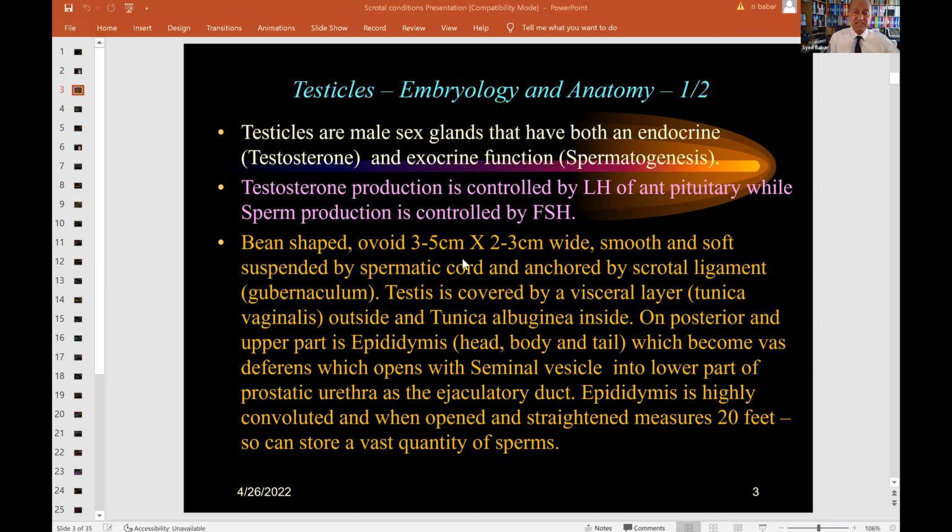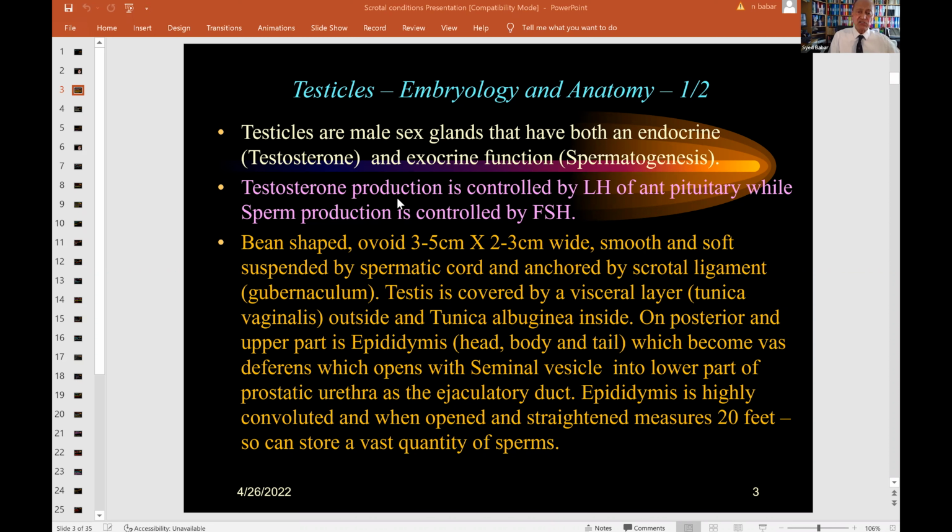The testicles are therefore male sex organs, and they have an endocrine function in terms of making a steroid, which becomes testosterone, and an exocrine function, which is spermatogenesis. So it's development, build-up, storage, and release of sperms in various stages of development.